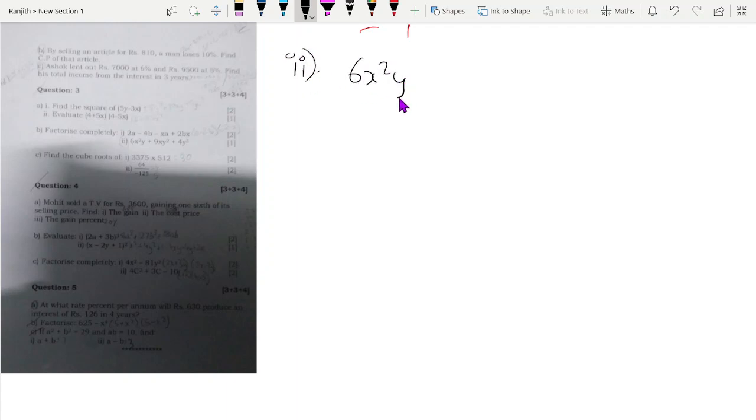Second question, 6x square y plus 9xy plus 4y square. Okay, how many terms are there in this? Count the number of terms. 3 terms are there. So can we use the grouping method for 3 terms? No, sir. Even then, check whether there's any single common value for all 3.